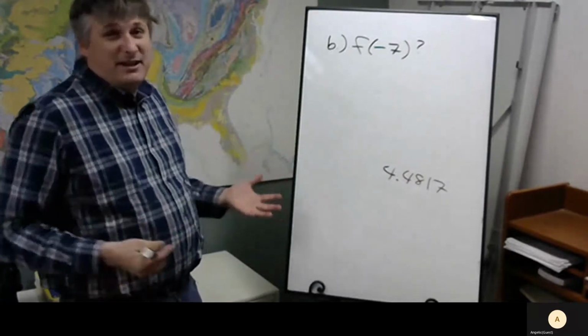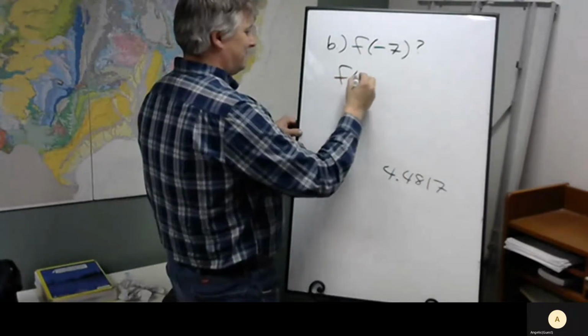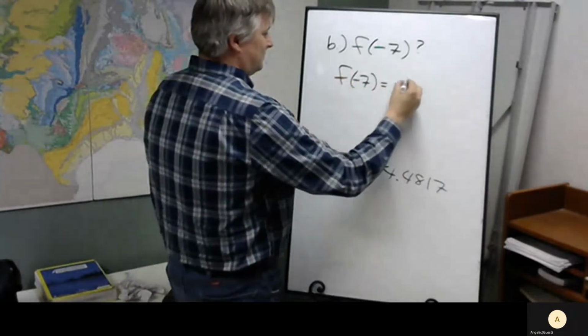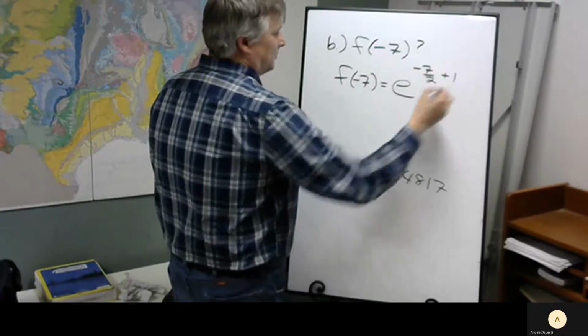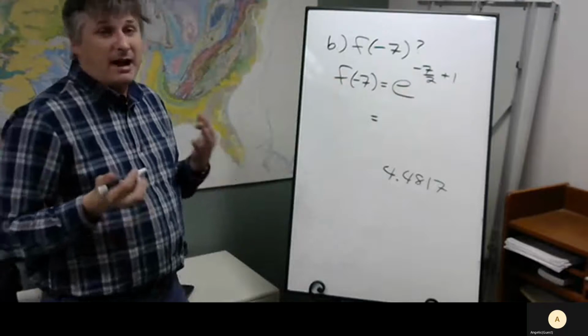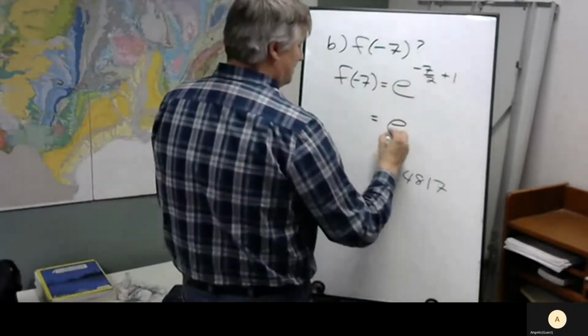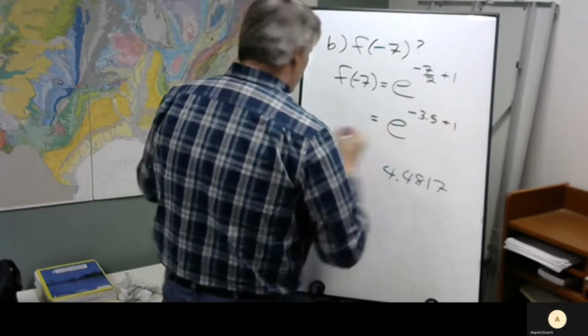So let's take a look at a -7 here. So this will be E with a -7/2 plus 1. And I'm going to dispense with fractions. Let's just say it's E to the -3.5 plus 1.